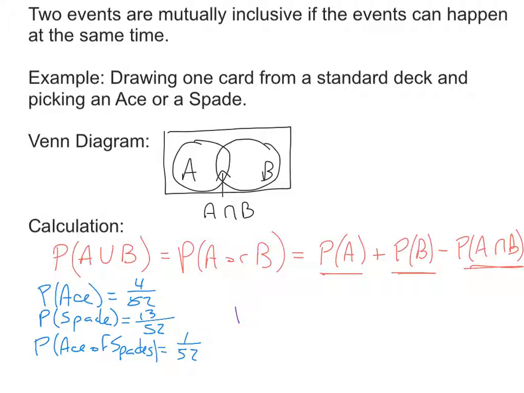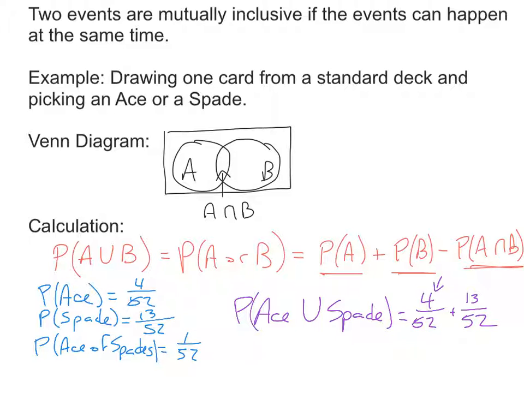So to find the probability that I draw an ace or a spade, I add the amount of aces I can draw plus the amount of spades I can draw. And that includes the ace of spades twice.